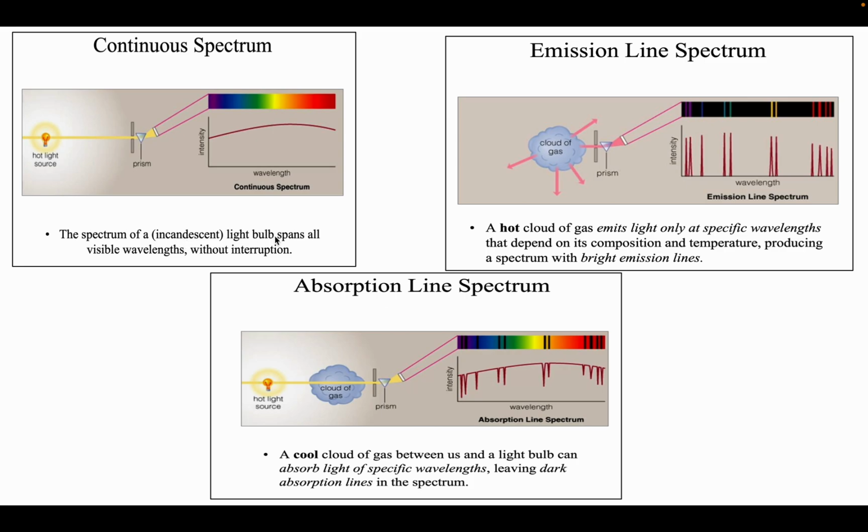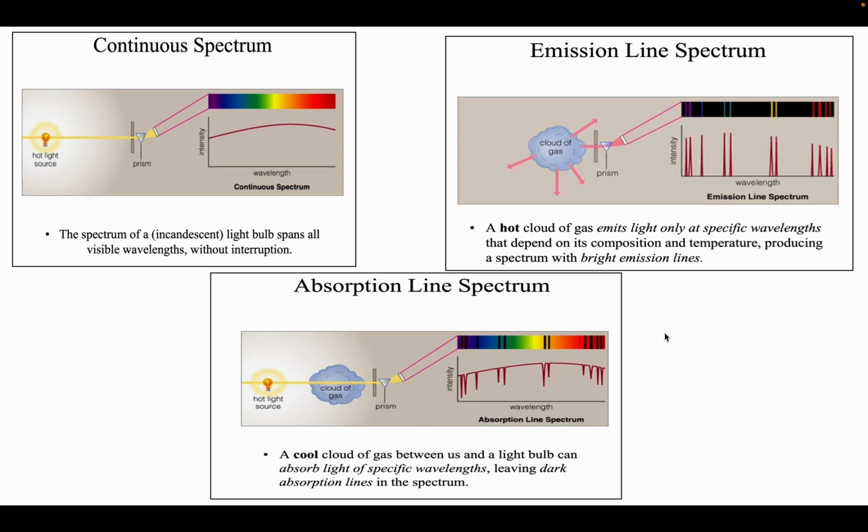And if there is a hot cloud of gas instead of the light bulb, and you keep a prism before this hot cloud of gas, then the hot cloud of gas emits light only at some specific wavelengths that depend on the composition and the temperature of the gas, and produces a line spectrum, known as the emission line spectrum, which you can get from the hot cloud of gas.